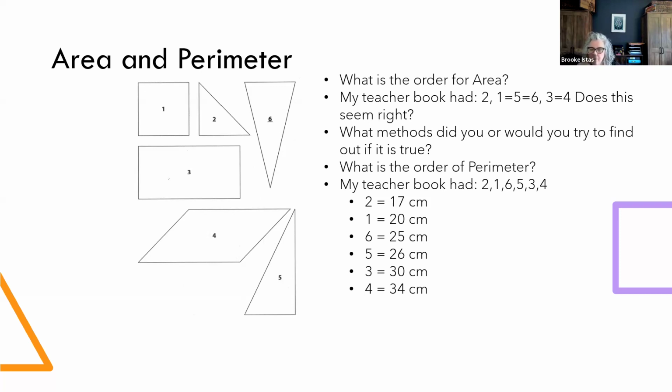From what my teacher book says, you can definitely show that equal area doesn't necessarily equate to equal perimeter.